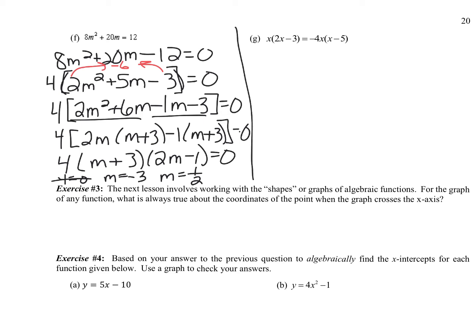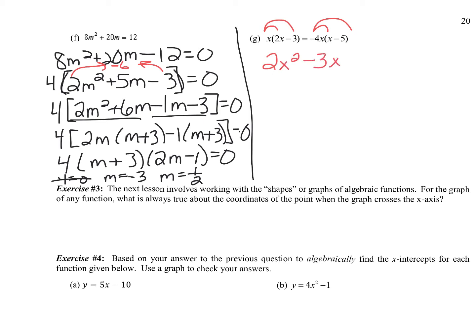Now, letter G is interesting because you can say, oop, I already got it factored, right? But the zero product law, the reason we're factoring, only works when the equation equals 0. So it seems like a lot of extra work, but we actually have to multiply this out so we can set it equal to 0, and then we have to refactor what we have at that point.